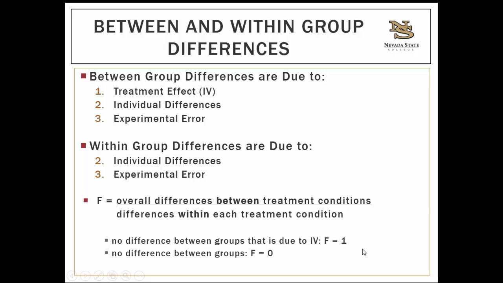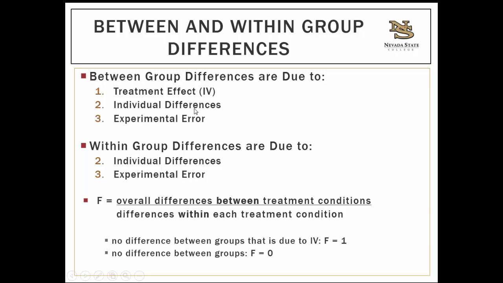Now, the F statistic provides a really nice way to isolate the treatment effect, or the differences due to the independent variable, from the differences due to error. If you think about the math behind this, we're looking at the differences between divided by the differences within. So the numerator and denominator both include differences due to error, right?